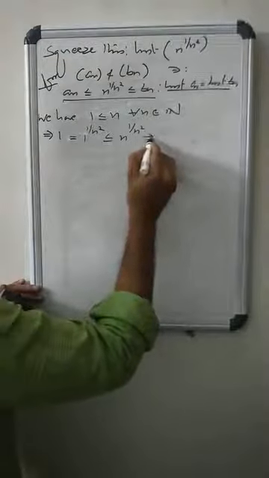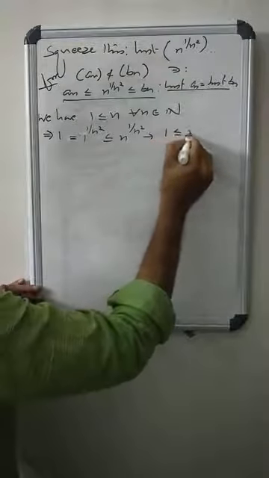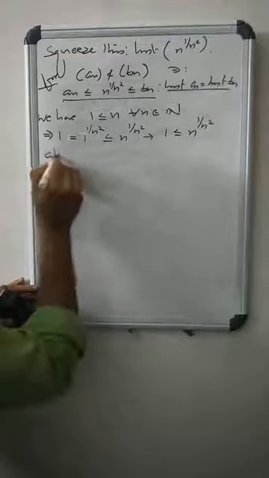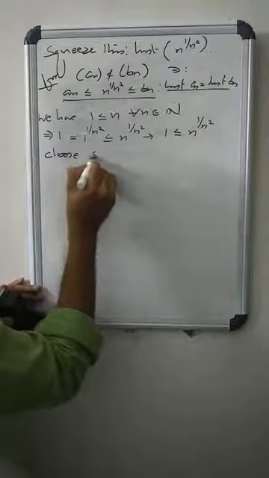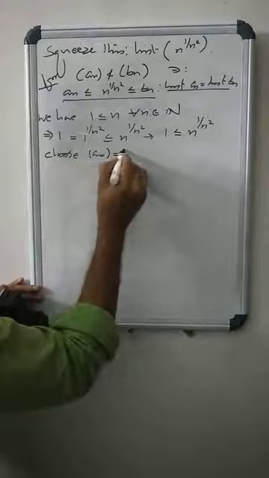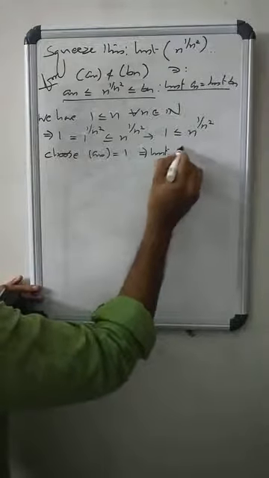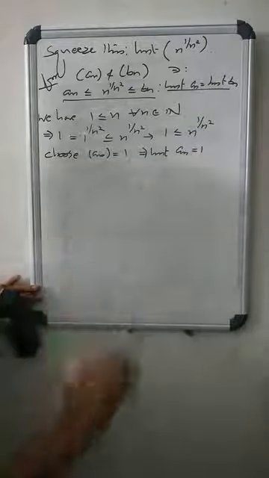That means 1 is less than or equal to n^(1/n^2). So choose the sequence an equals 1. That means the limit of an is again 1.